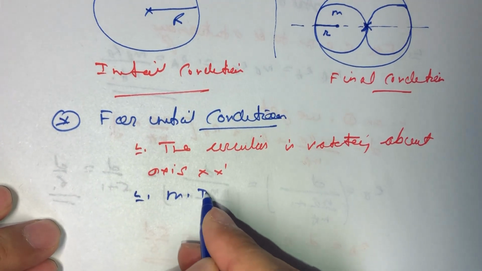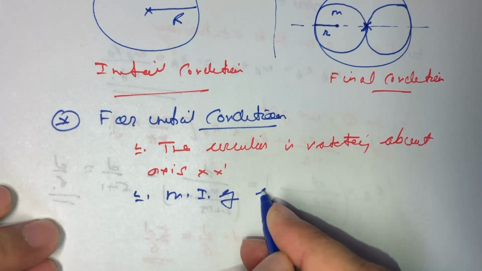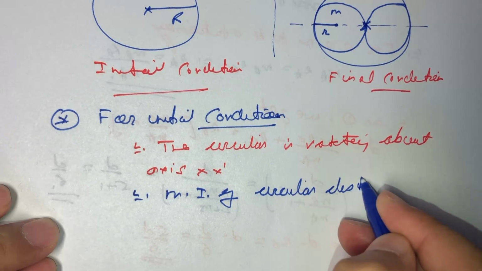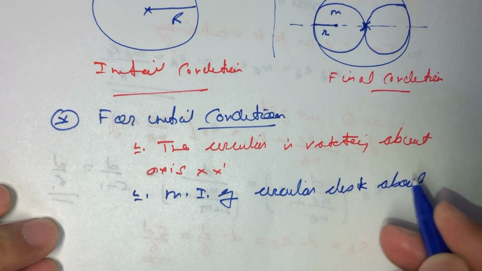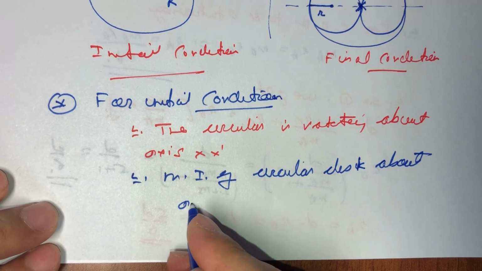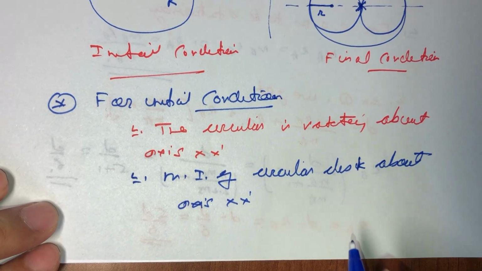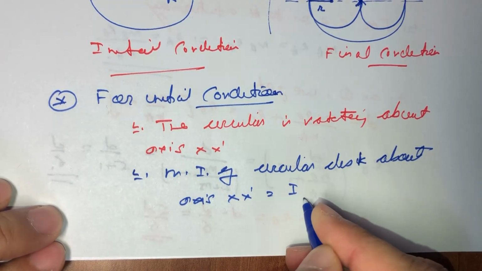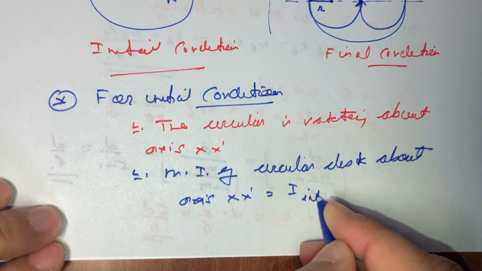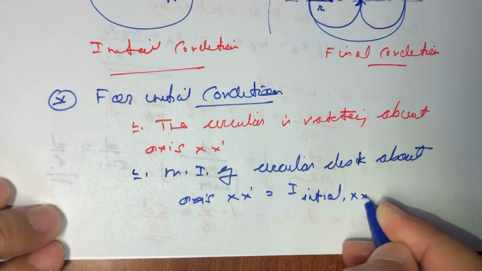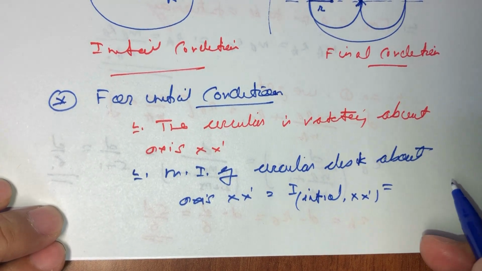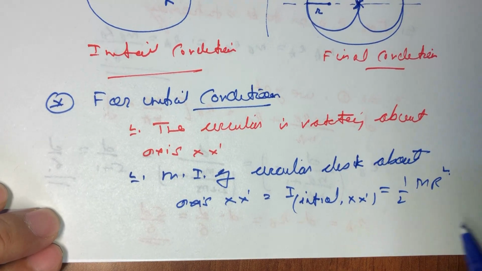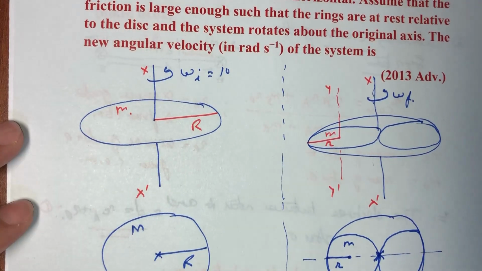Therefore, the moment of inertia of the circular disc about axis xx prime, and let us call this I initial, will be equal to half M R square. Okay. So this is the standard formula for the circular disc.